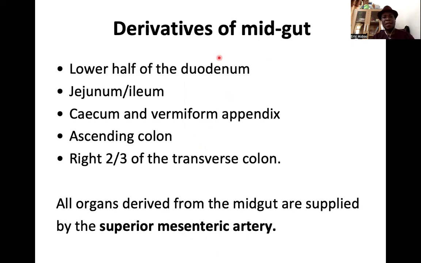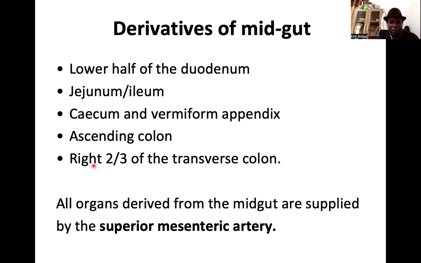And derivatives of the midgut will therefore be the other half of the duodenum that does not form part of the foregut. Then you have jejunum, ileum, cecum, appendix, ascending colon. Okay, so the colon is now coming into presence.